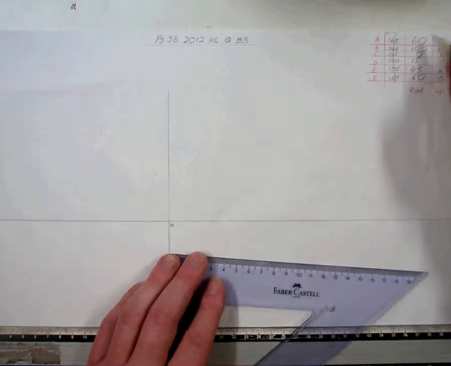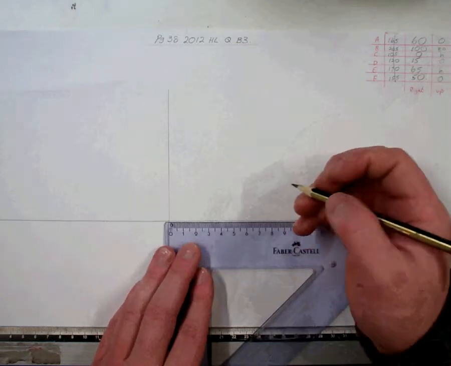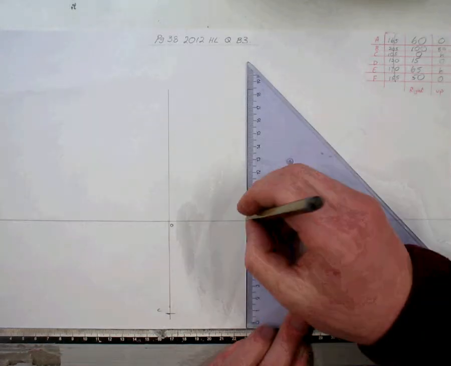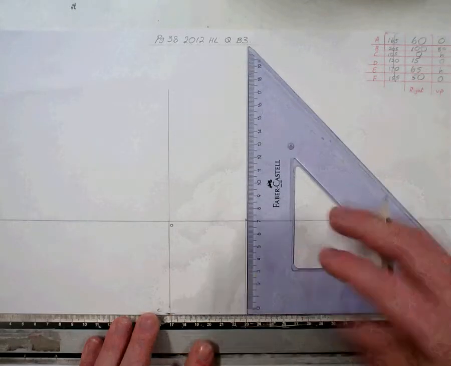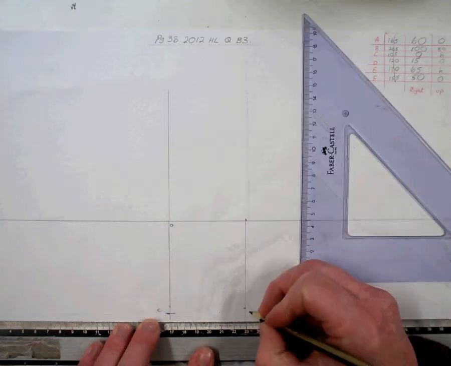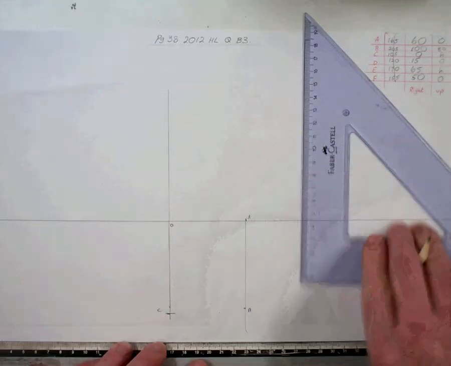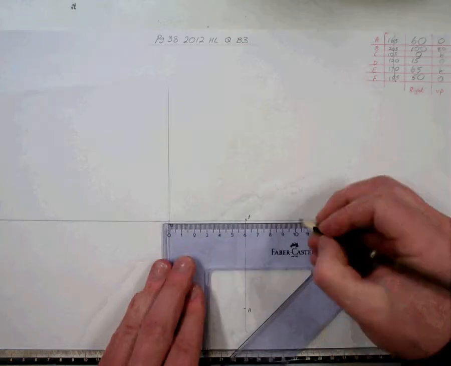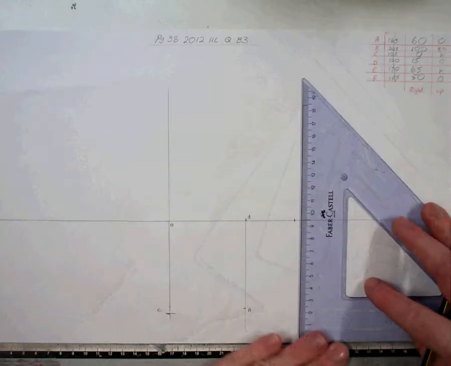Then we can pick any of the rest, so I can go 60 then, for A we'll say. So I measure 60 to the right from 0, up 0, down 70. That's A. Next one is B: from 0, we measure across 100, up 80, down 110.